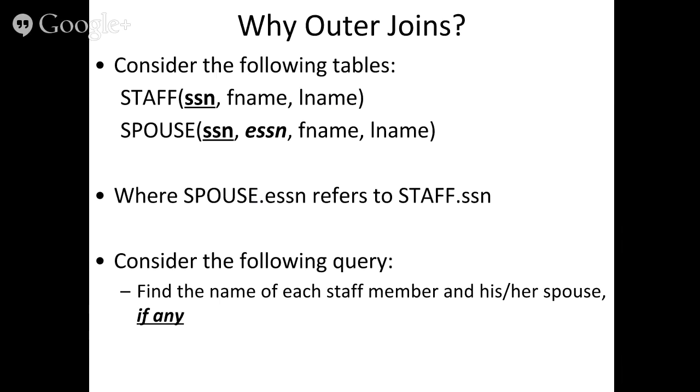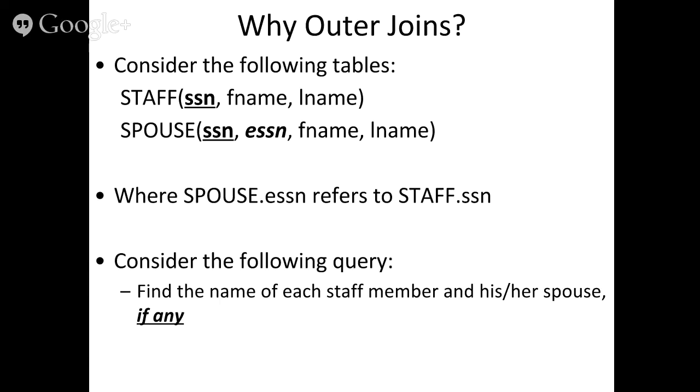So here's an example. Why would you ever do this? I already gave you an example. Maybe you have some students. Some students don't have a match with their department, but you want the students anyway. So here's an example where you have staff, and the staff has a spouse, presumably a 1-to-1.